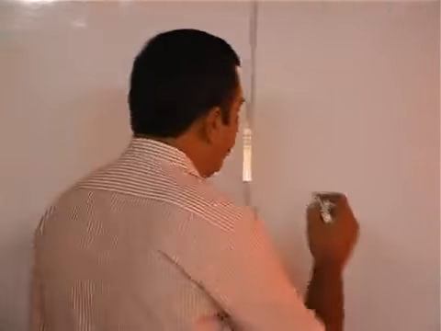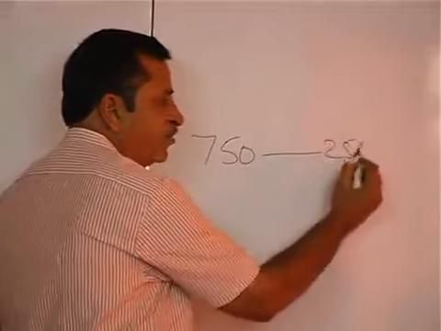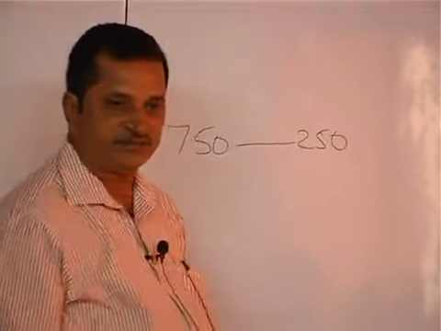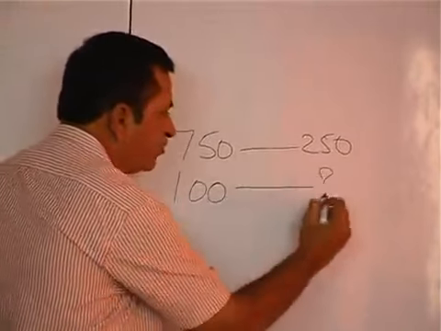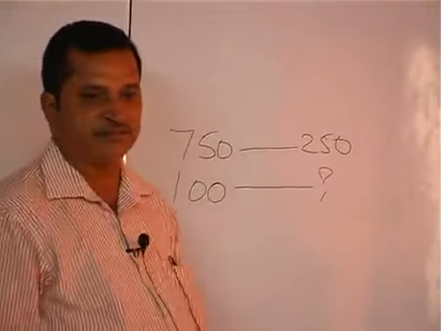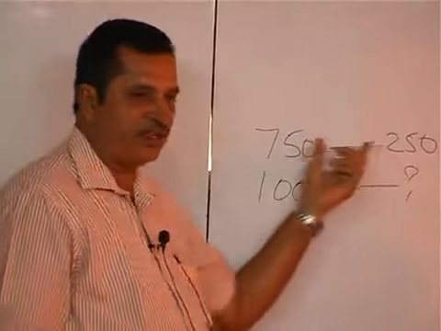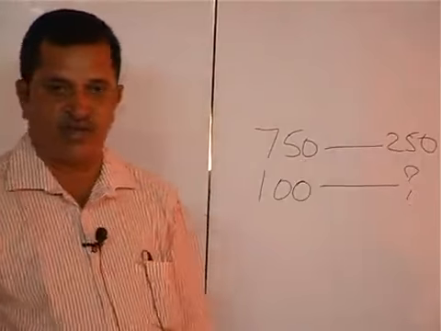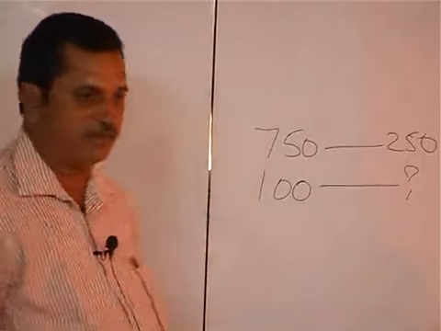If you want to check up, for every 750 grams there is a gain of 250 grams, isn't it? For 750, if his gain is 250, for 100, what would be his gain?